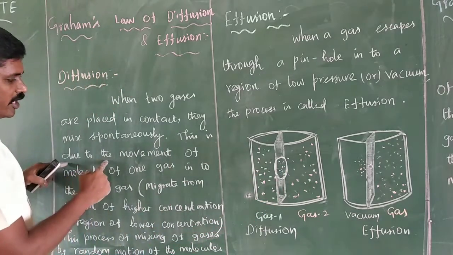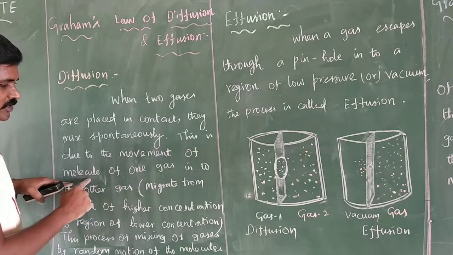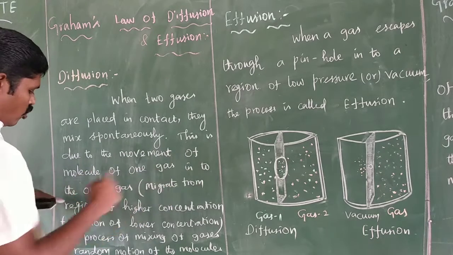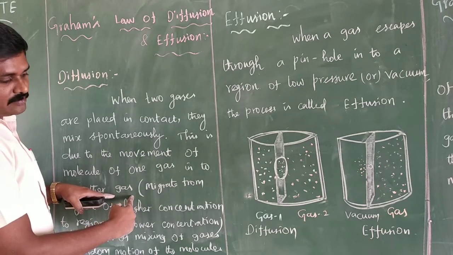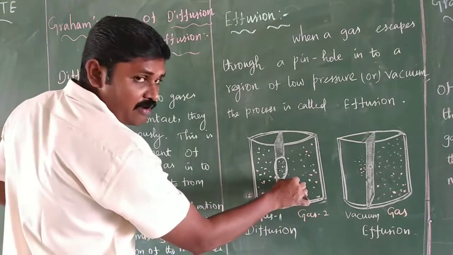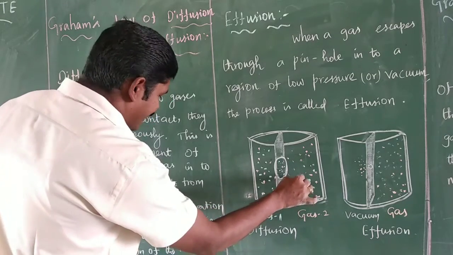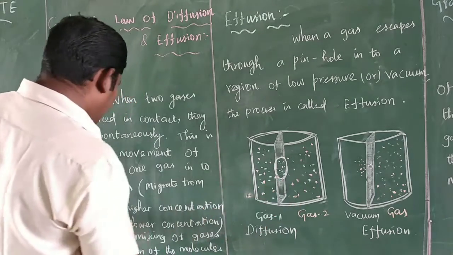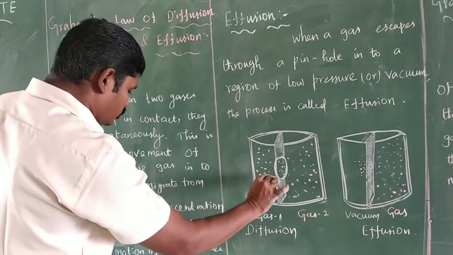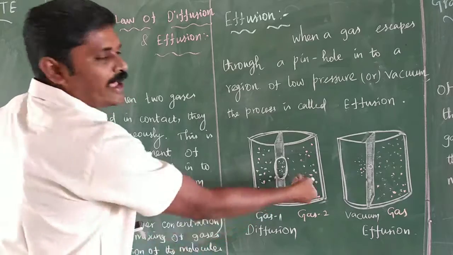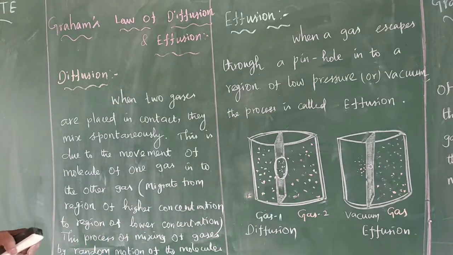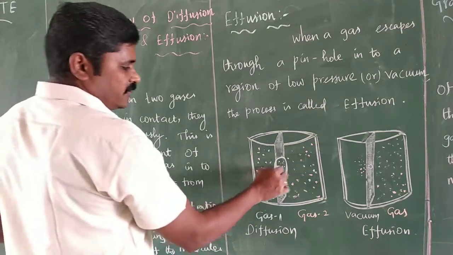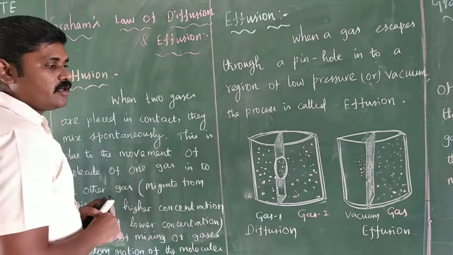This is due to the movement of molecules of one gas into the other gas. The molecules migrate from the region of higher concentration to the region of lower concentration when the two gases are in contact with each other.